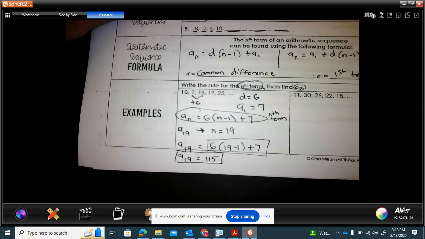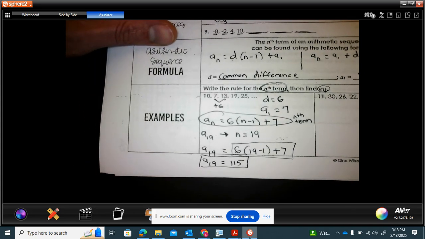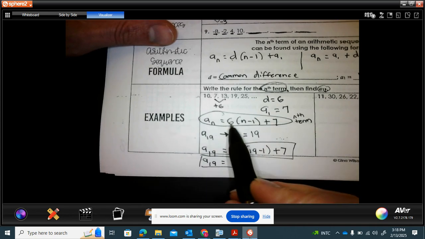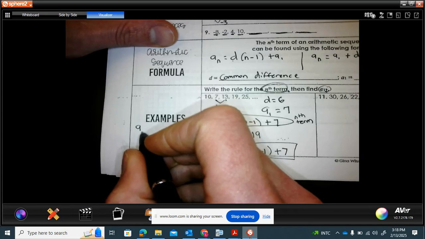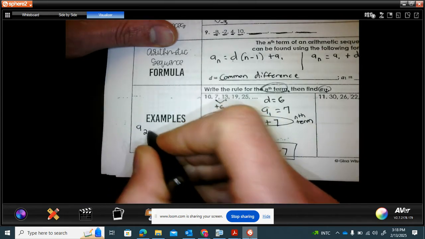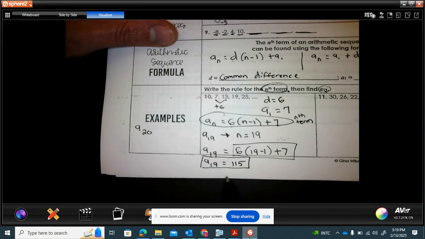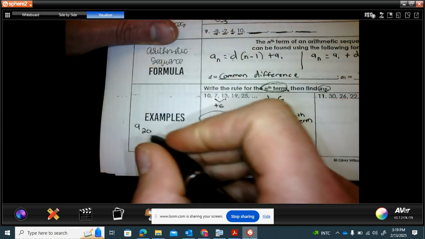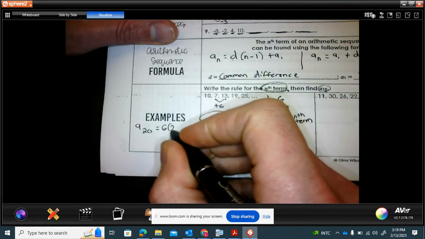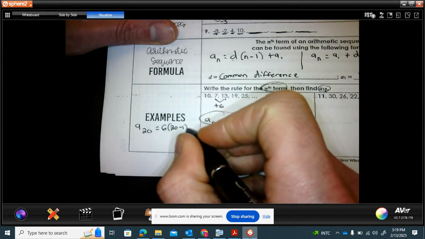So then, it doesn't ask this, but just so we understand, this equation can be used to find any term. So if it said find like A_20, just to give you an example again, we already know that the 19th term is 115. So all we would have to do is add 6, and that would give us the 20th term. Or what we could do is just plug in 20 everywhere we see an n.